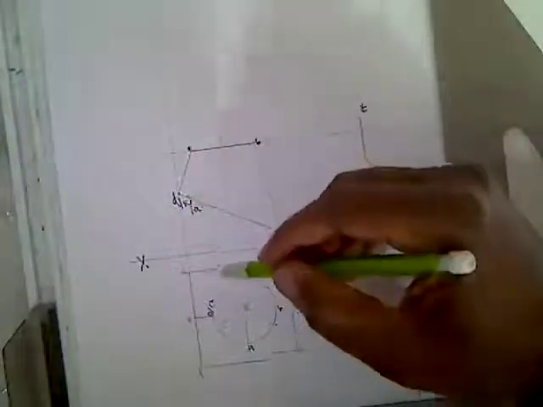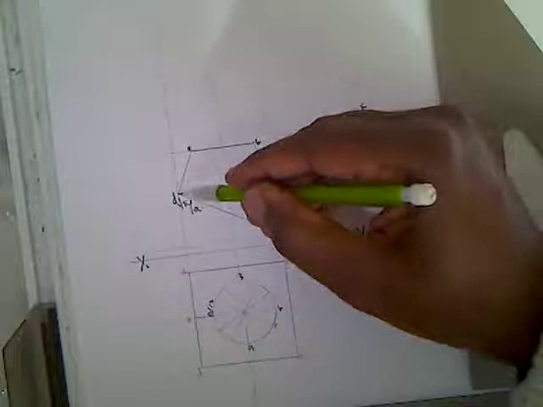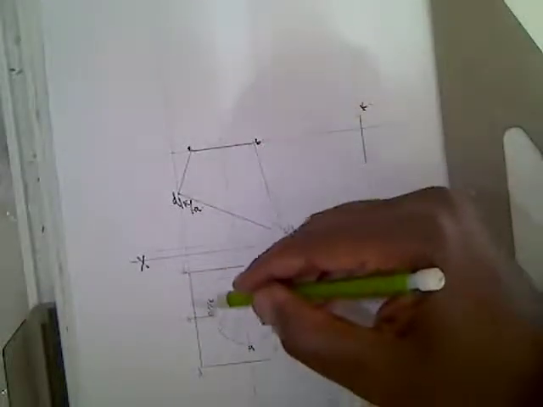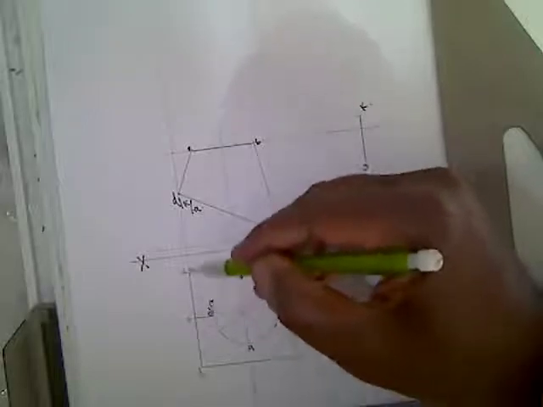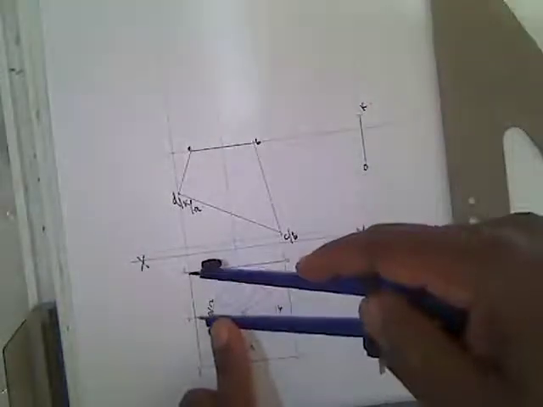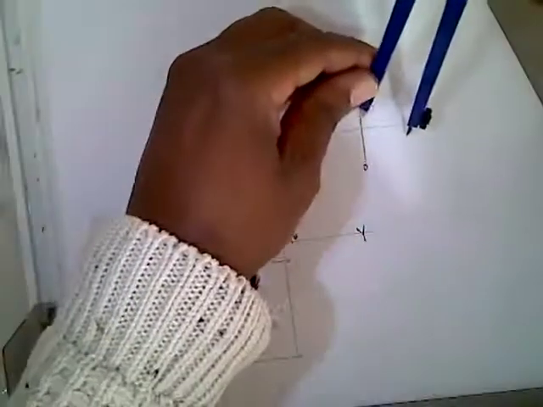So KA, point view, KA will be the true length because that side is the point view. KA, it is the true length.